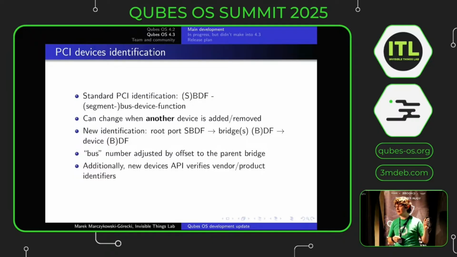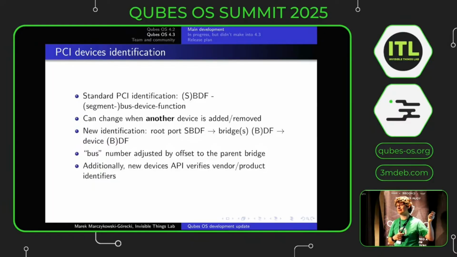BDF, we now take the whole path from the PCI root port through all the bridges. So that should remain static if you plug in other devices. But if that still changes for some reason, for example, you take your installation to a different system or you change the main board of the system, that surely will change something.